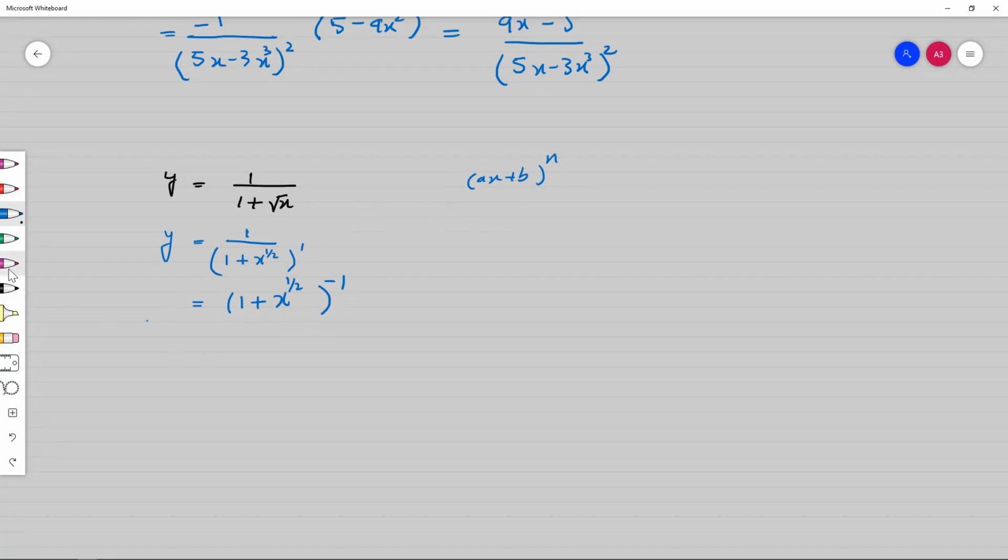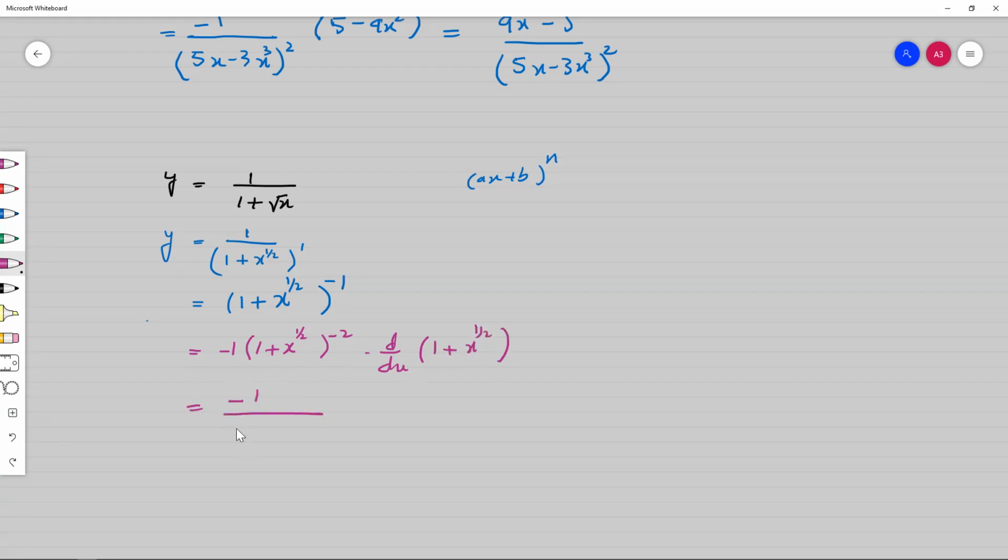So rest of the procedure will be same for this question as we did earlier. Power first and 1 decrease from power, it would be negative 2, and then derivative without power, 1 plus x power 1 by 2. So this would become minus 1.